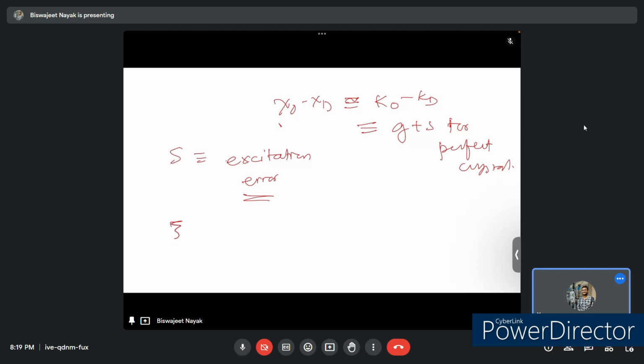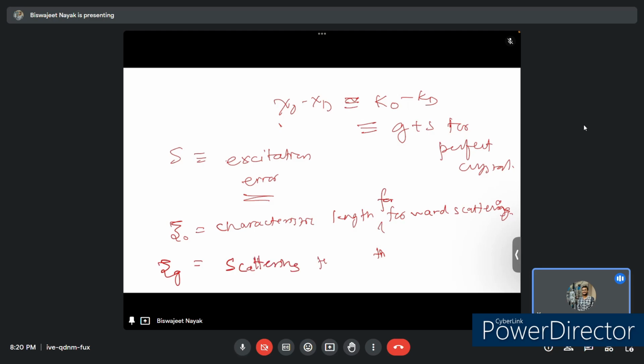Here we can say this psi 0 is the characteristic length for forward scattering, that is the scattering from any beam into itself, and this psi g corresponds to scattering through an angle corresponding to diffraction vector G.